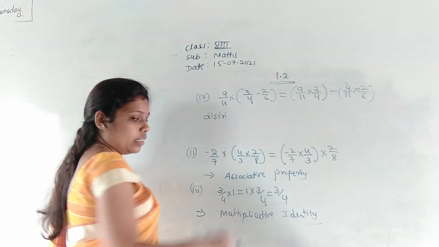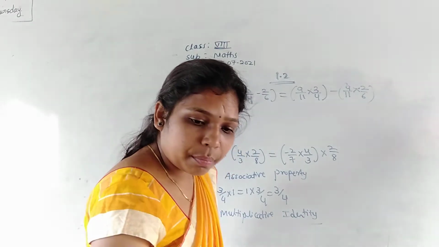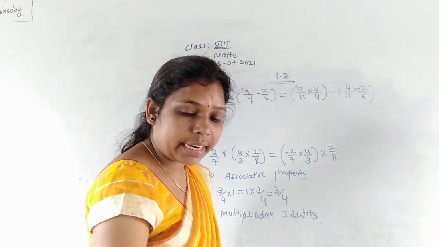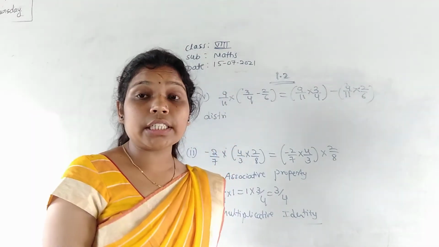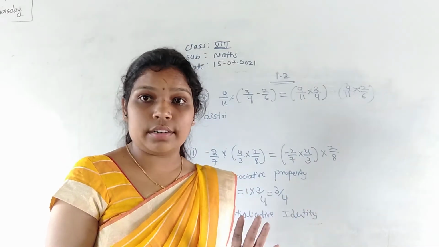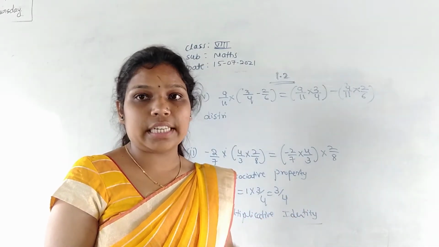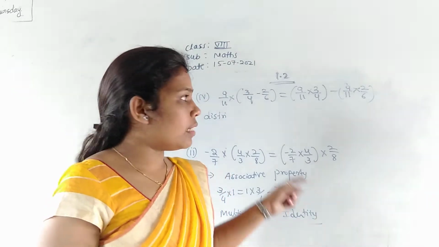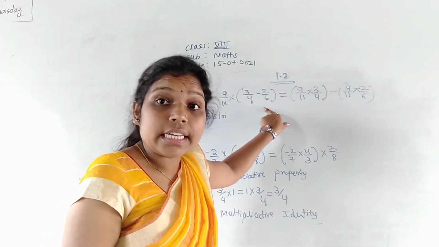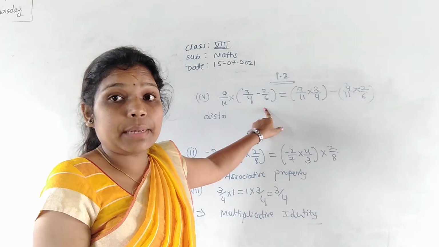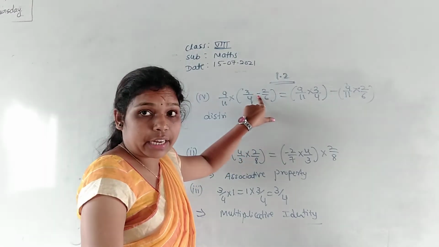I think in 8th standard it is not there, but in 7th you studied that property, right? Distributive property of multiplication under subtraction; under addition you learnt already. In this textbook they didn't mention that property, but still they gave a problem. What is this property? Distributive property of multiplication under subtraction.